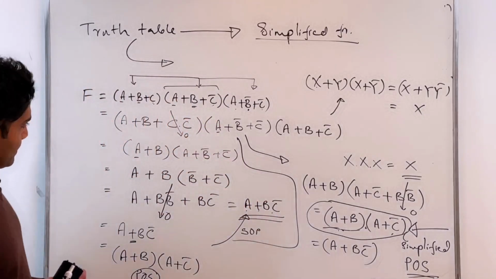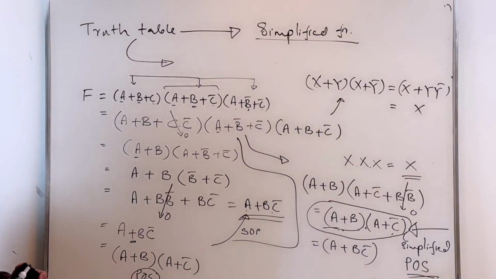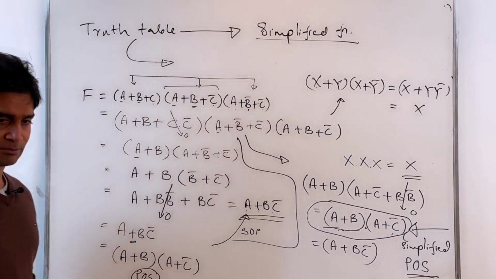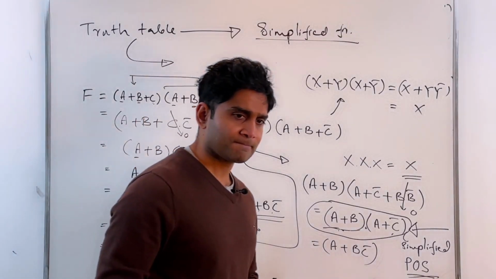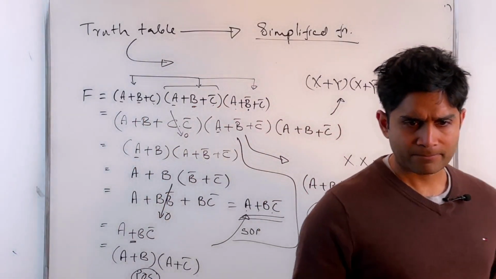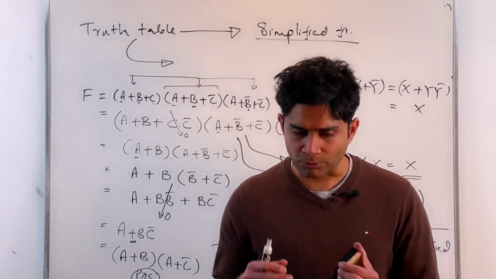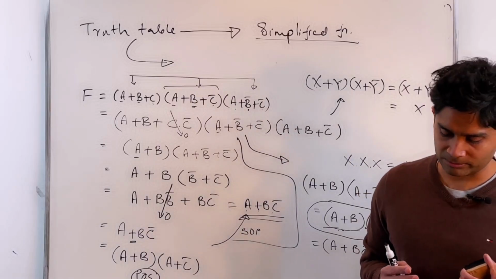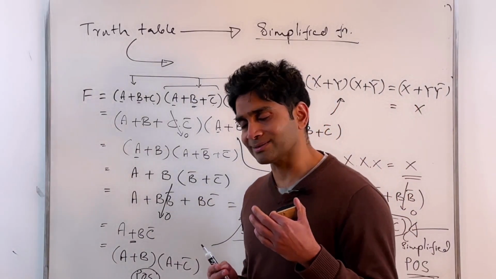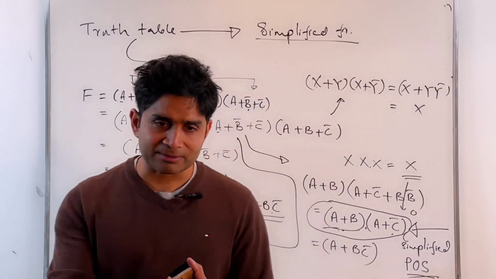Okay. What else? Any other questions on this before we move on? So we have looked at how to come up from a canonical sum of products to the simplified sum of products.